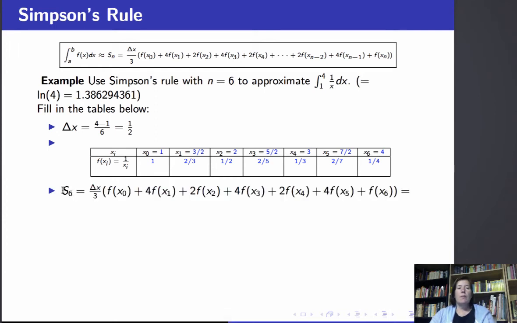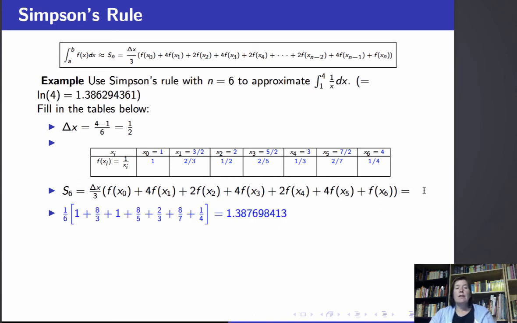Filling this into our formula, Simpson's approximation with 6 approximating subintervals is delta x over 3 times f of x0 plus 4 times f of x1 plus 2 times f of x2 plus 4 times f of x3 plus 2 times f of x4 plus 4 times f of x5 plus f of x6.